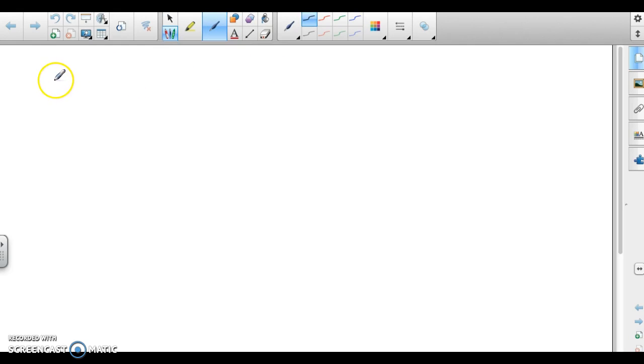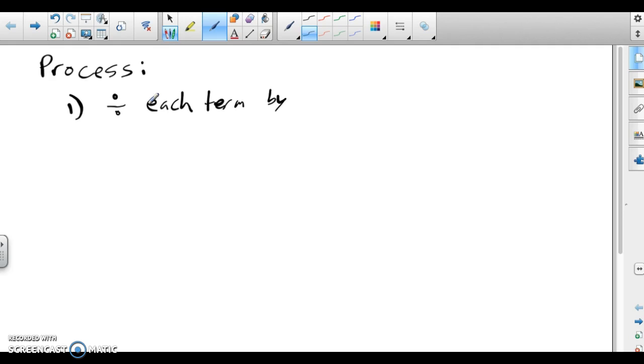Basically, you need to know the process in terms of how to find the limit of a certain function or sequence. The process involved, and you should write this in your notes as well, is that first step, you need to divide each term by the highest power of n in the denominator.